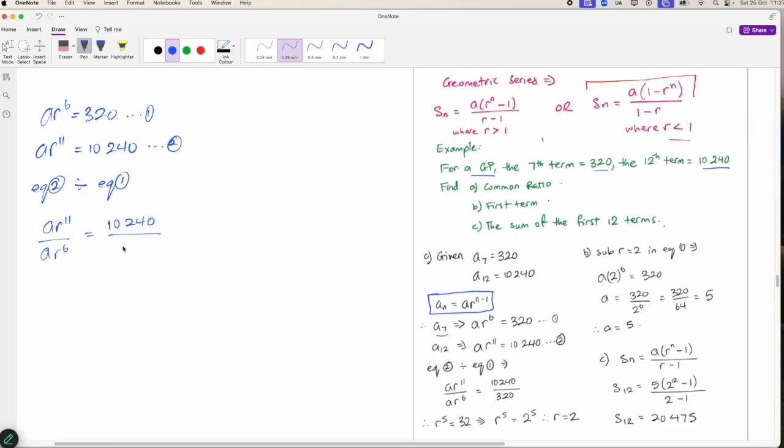I have to do the same thing on the other side, which will be 10,240 divided by 320. Notice the a's will cancel. 6 of these will cancel with 6 of these, so I'll just have 5 of them remaining. And on this side, when you divide this and this, you do get 32. So now we can actually solve.